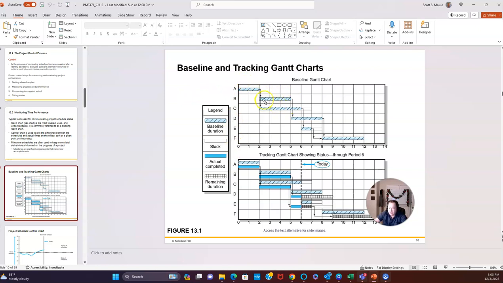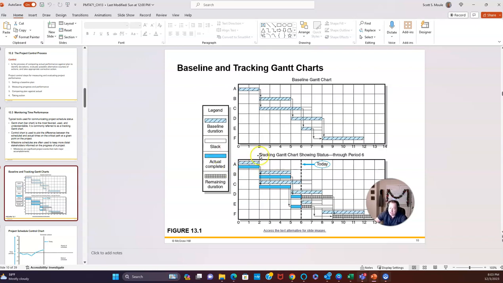They lasted a certain amount of time. Let's just call these months. Activity A takes 2 months, then you can do B and C at the same time in parallel, and you're mapping these out. This is considered to be your baseline Gantt chart.